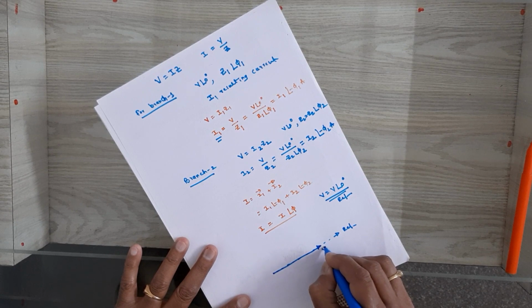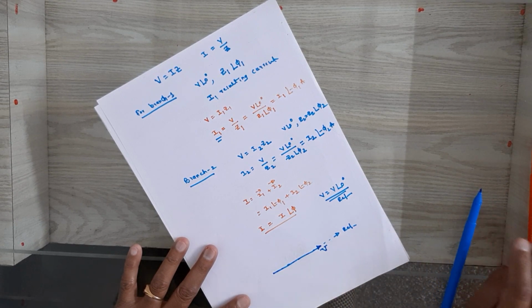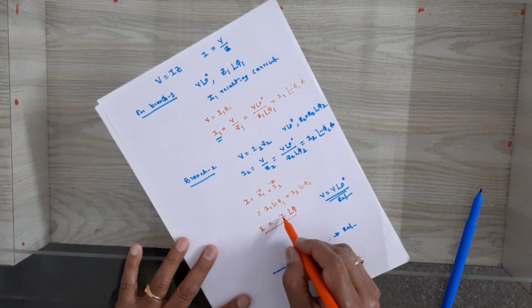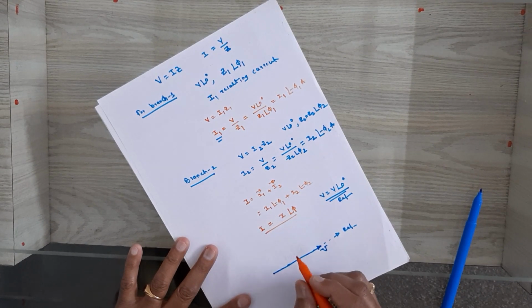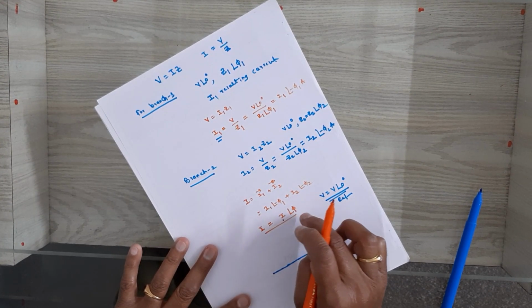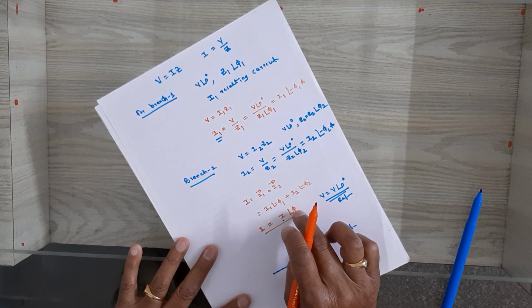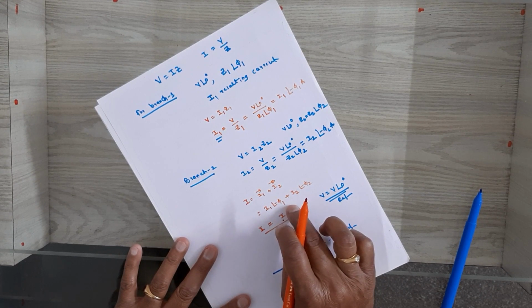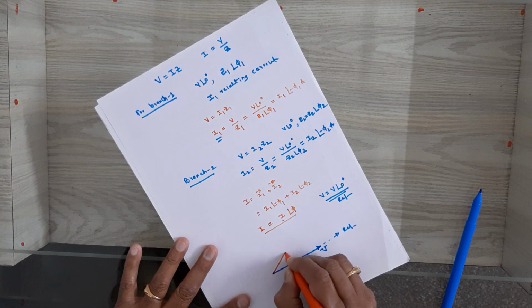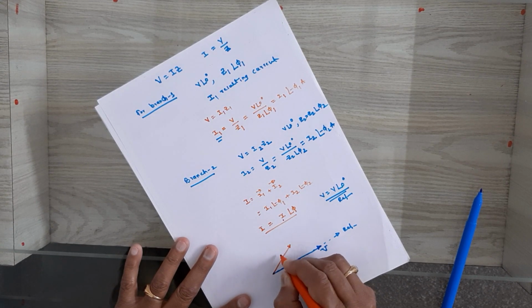Then what is I? I is at an angle of phi, meaning it has a magnitude of I and it is plus phi. Plus phi means, with respect to the reference, it moves in the counterclockwise direction. That is the magnitude of the current I.